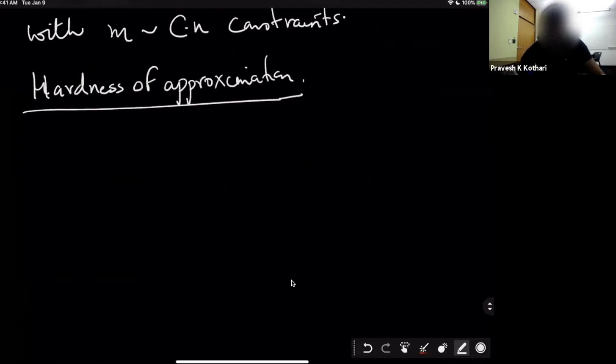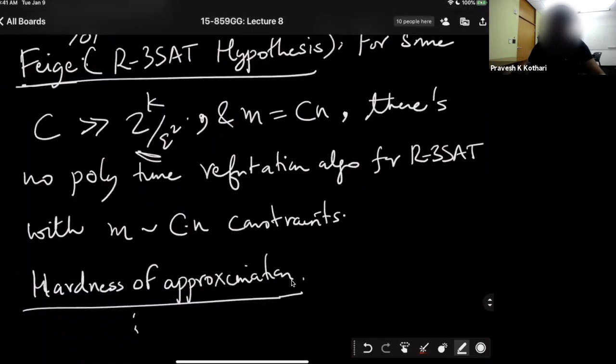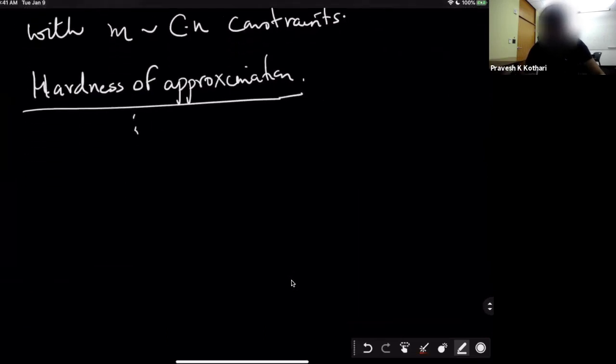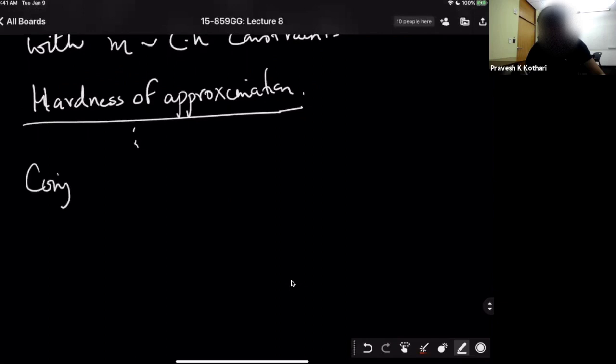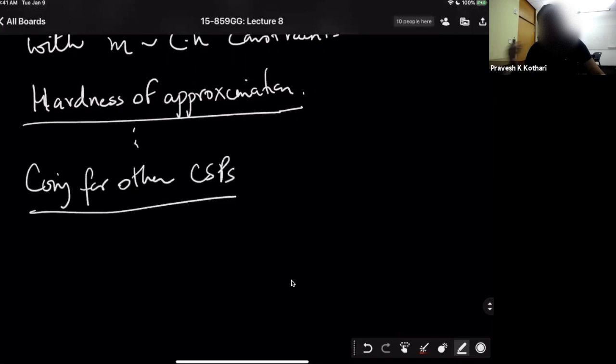But since then, this conjecture and variants of it for other CSPs, the analogous conjectures for other CSPs, are now, in some sense, extremely useful in proving hardness results in several different areas. So you can prove lower bounds in learning theory.